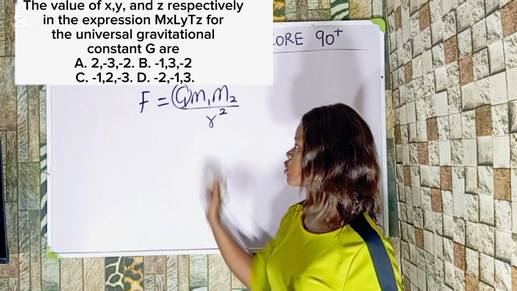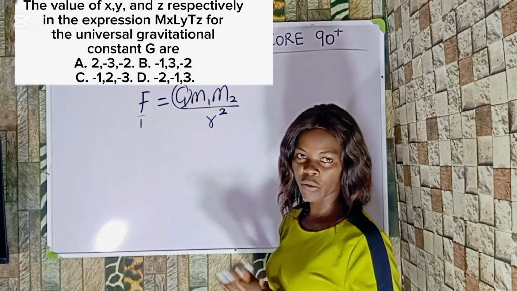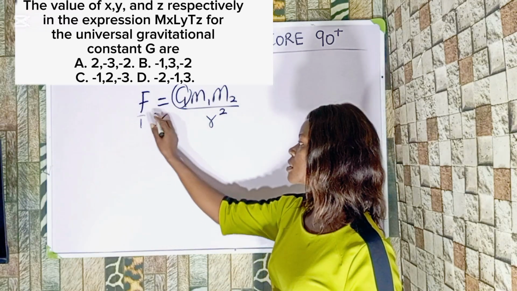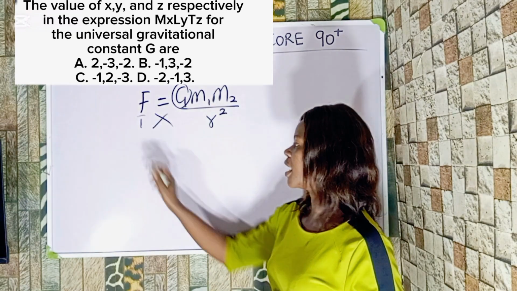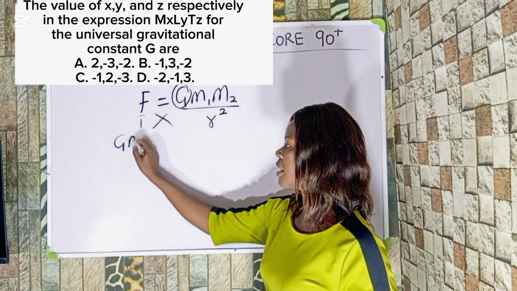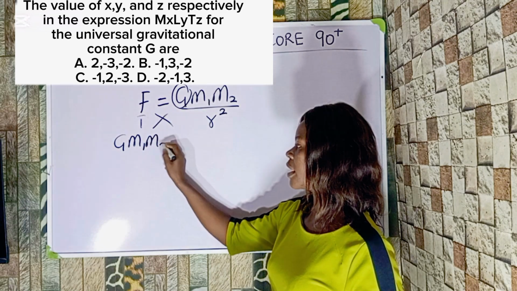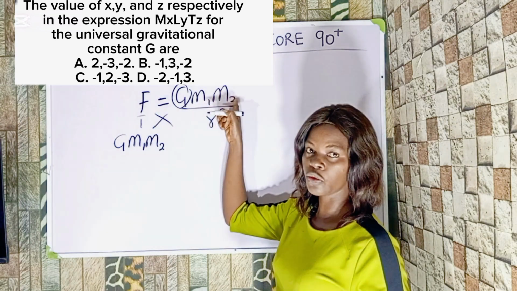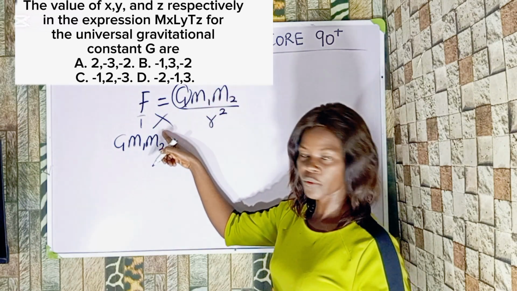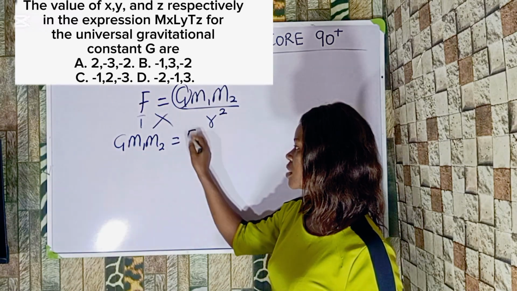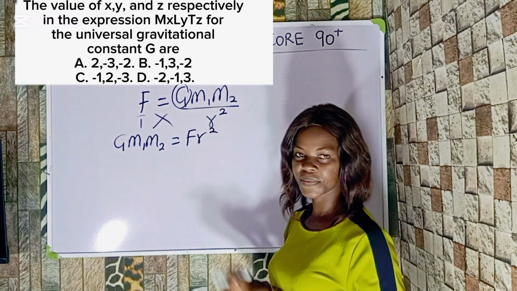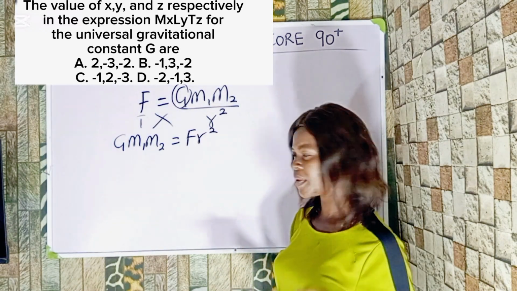So watch what I'm going to do. I'll say this is over 1, right? Then I say cross multiply. Okay? Now I have G m1 m2, because this whole numerator we multiply by 1, then is equals to F r squared. Hope you are getting this now, so please pay attention.